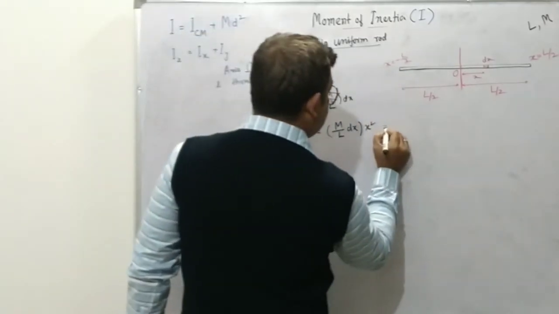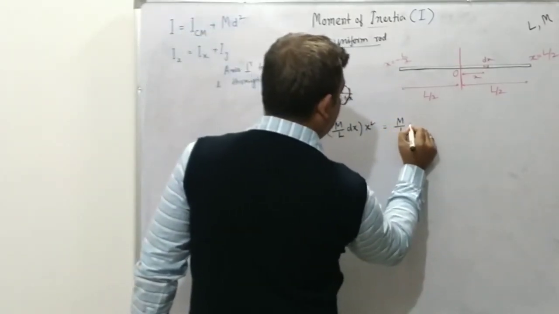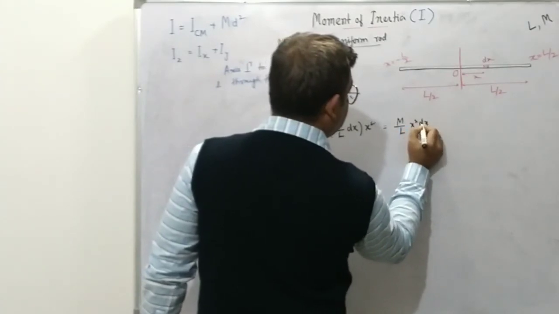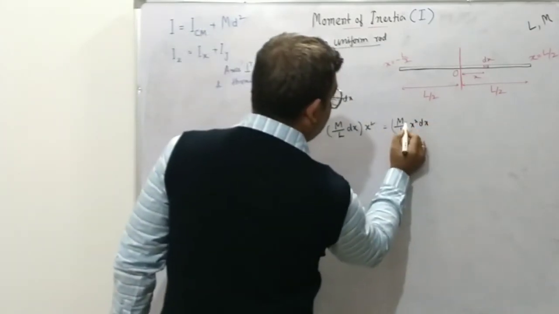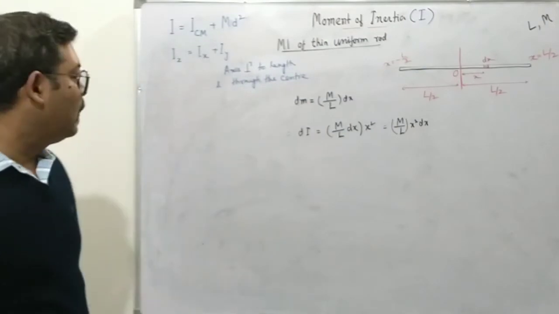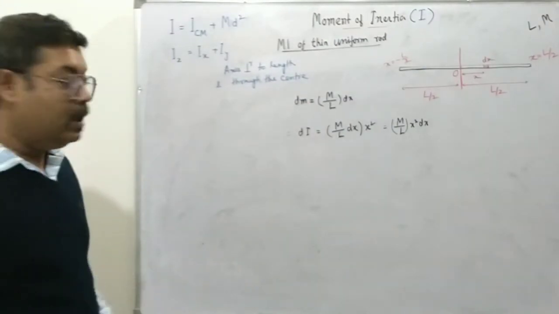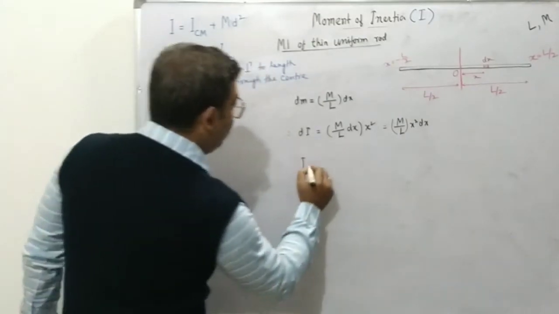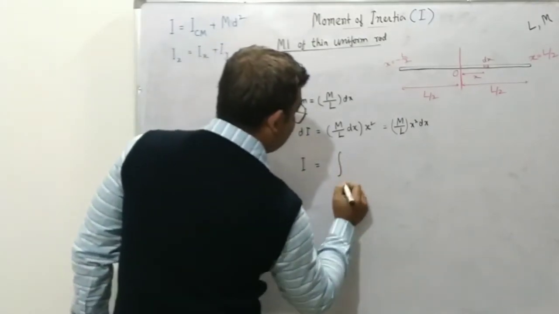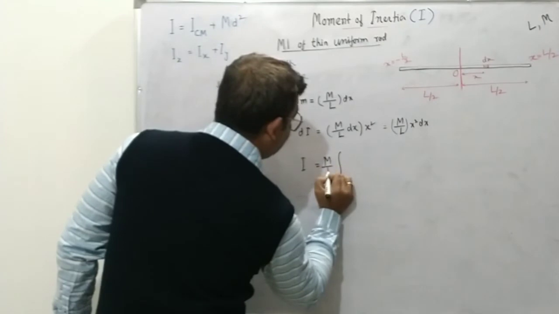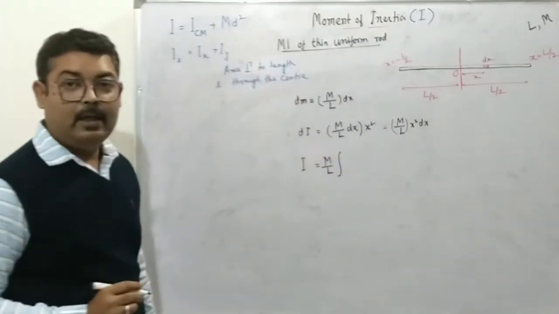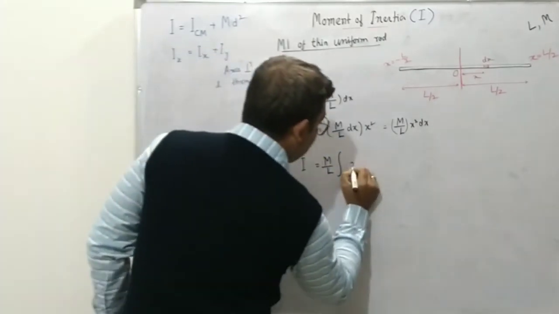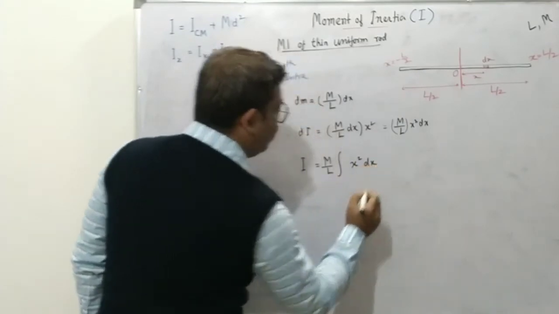We can rewrite this as M by L x squared dx. We need to consider that M by L is a constant. So the moment of inertia of the entire rod I will be given by integrating this expression. Let's take M by L outside the integration because it's a constant, x squared dx with proper limits.